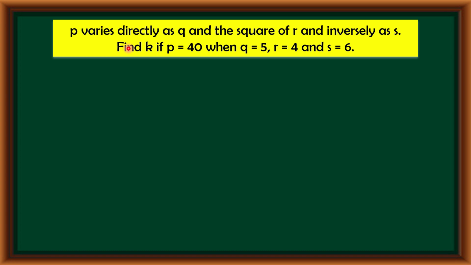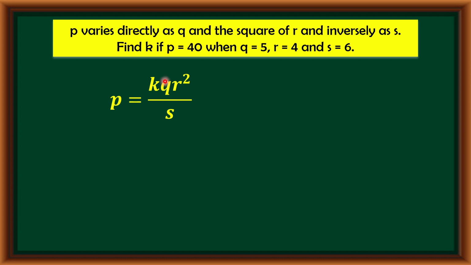So let us start getting the value of k using the equation of the given statement. It says p varies directly as q and the square of r. So that will be the direct variation. And inversely as s. So this one will be our denominator. So our equation will be P is equal to K times Q times R squared over S.